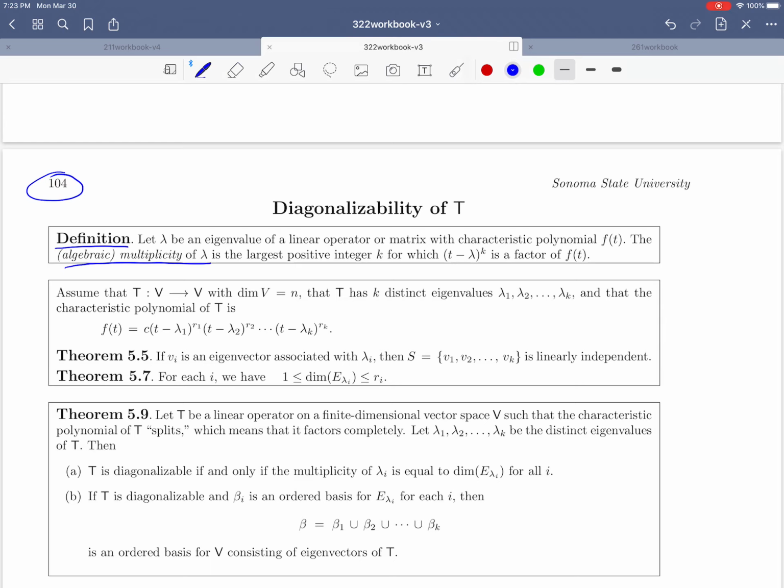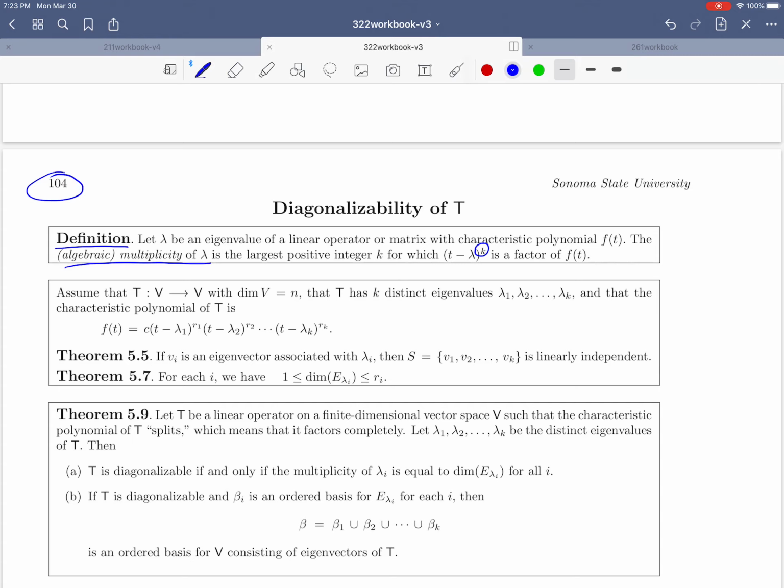You remember the process for finding eigenvalues: you take the determinant of A minus lambda I, you do some algebra, you get a big polynomial, and it's going to factor, and some of those factors have powers bigger than 1. That k, the number of times that factor is repeated, that's the multiplicity of your eigenvalue. That's going to give us another criterion in a minute for determining diagonalizability.